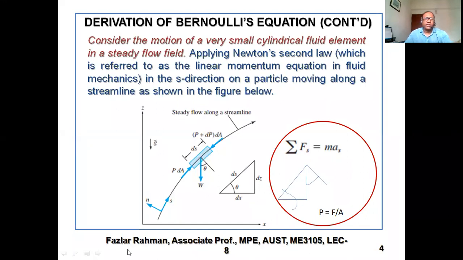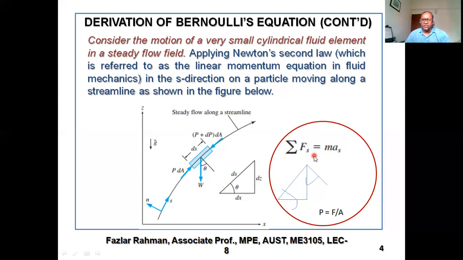In the figure, you see a two-dimensional flow. The vertical axis is Z, the horizontal axis is Y. And there is a streamline going from the left corner to the upward right.